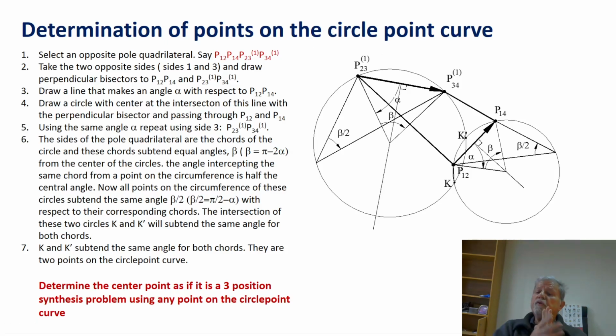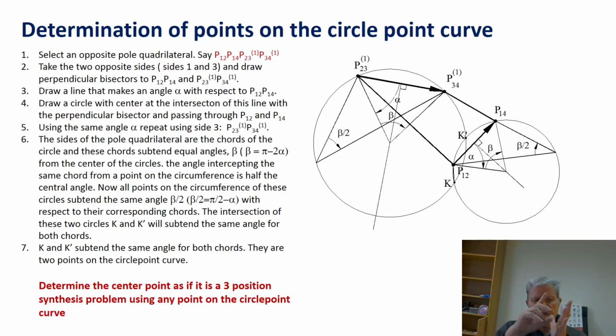Now, if you are going to determine the circle point curve, you have to use the image poles, all the poles at the first position, the location of the poles in the first position.